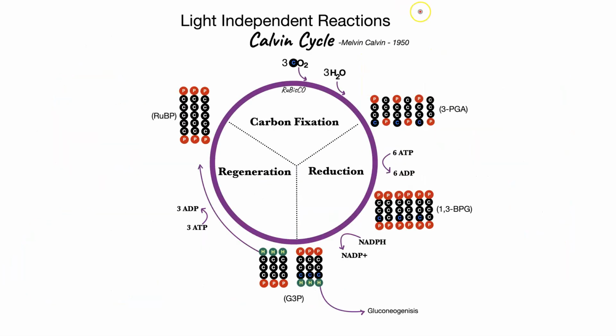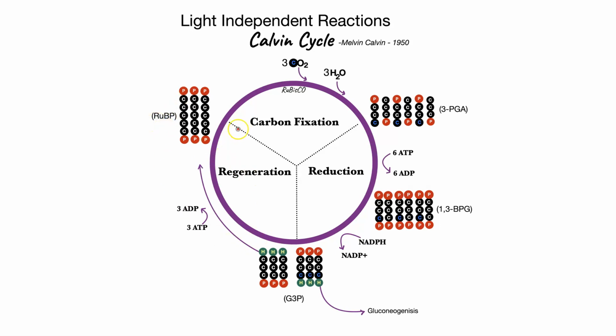So let's look at the Calvin cycle one more time. If we were to think about 3 turns, it only takes 1 CO2 per turn, but we're using the analogy of 3 turns to understand how we regenerate the RuBP.